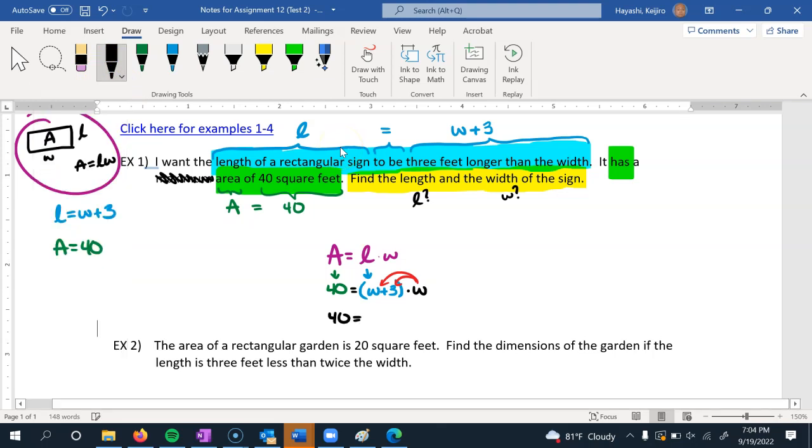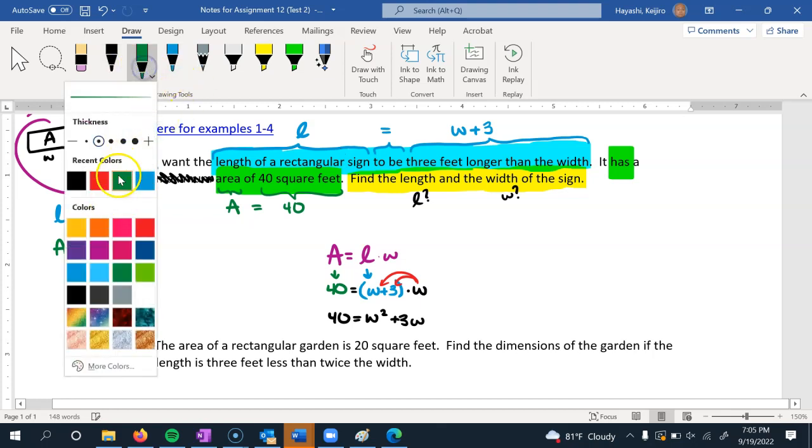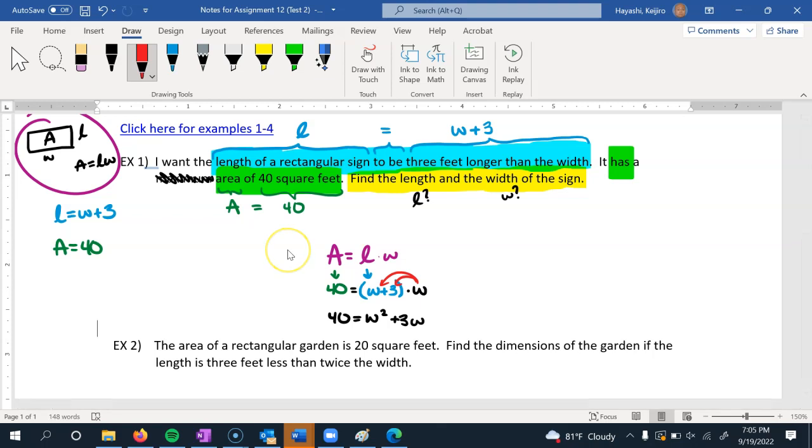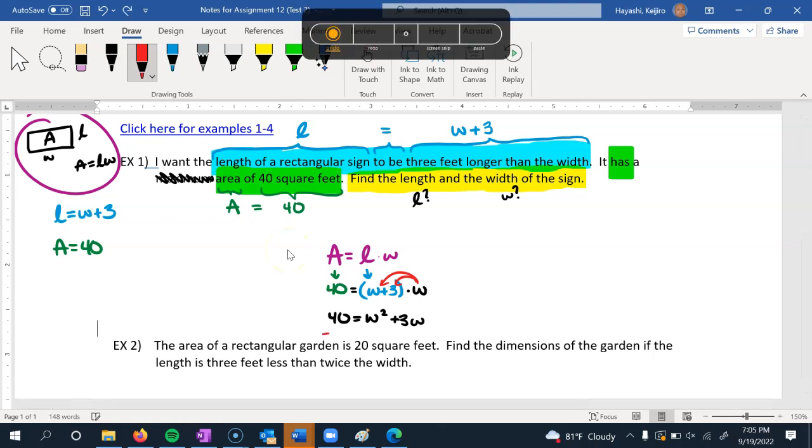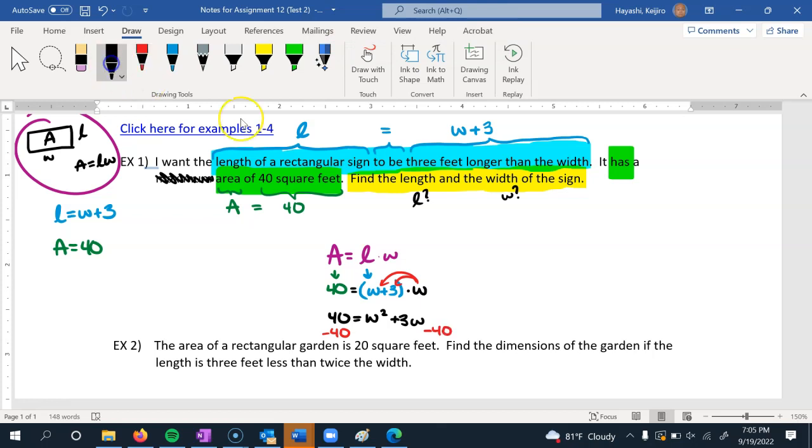And what expression is going to be on the right-hand side if I multiply that W into here? W squared, right? Because W times W is W squared. And then W times 3 is going to be 3W. All right. Now that's looking more and more like a quadratic equation with every step. And since it is a quadratic equation, we will subtract 40.